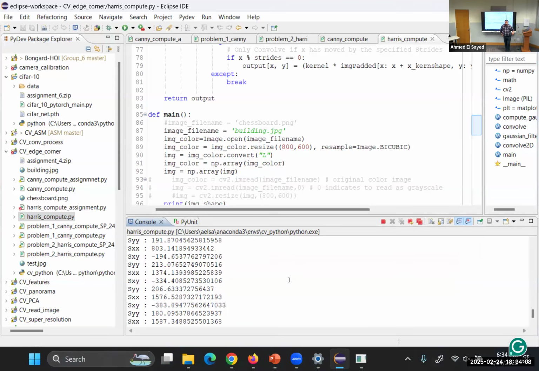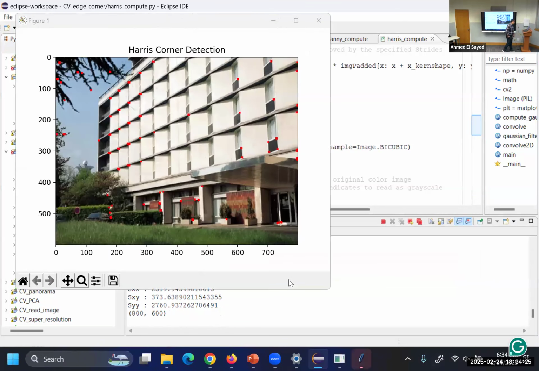Yeah, it's still calculating because I'm running over the whole entire image. I'm calculating the operator. As you can see, it found the corners in my image.